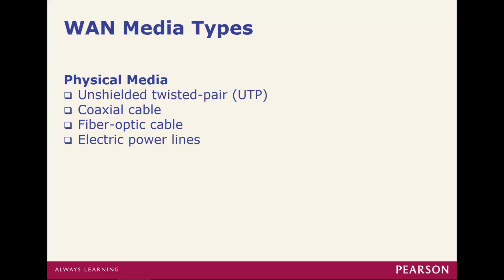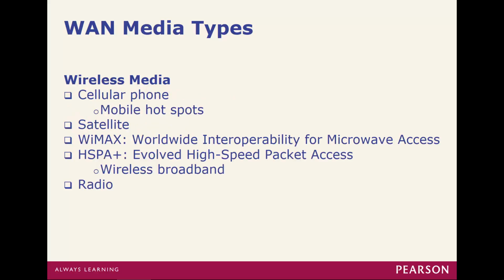That one's harder to explain, but we do have Ethernet over power. Moving on, we could have wireless media. And wireless is our WiMAX, Wi-Fi. Could be cellular, could be satellite, could be our HSPA, which is high-speed packet access, i.e. wireless broadband. Could be radio frequencies or radio.